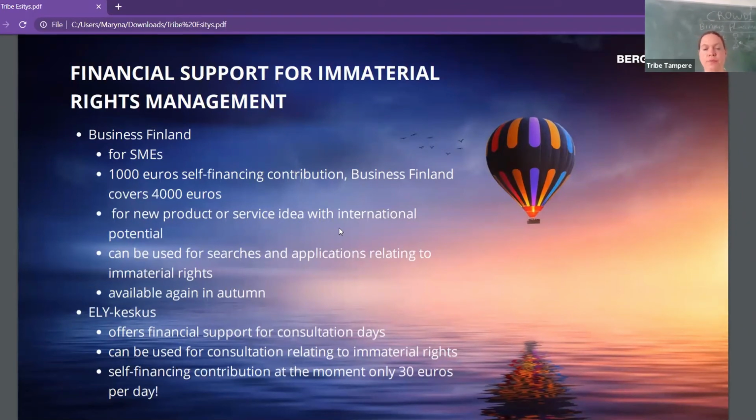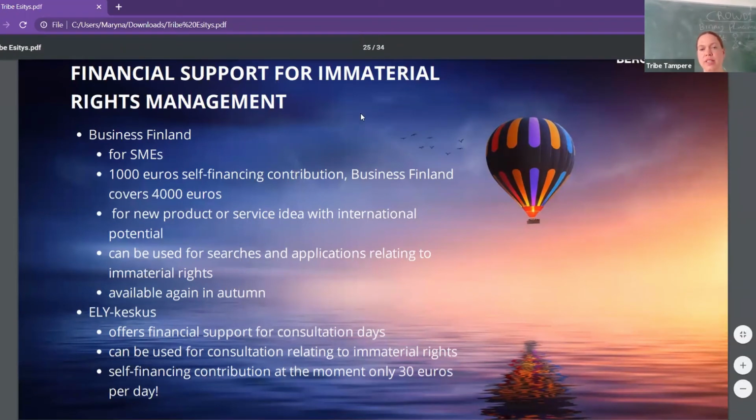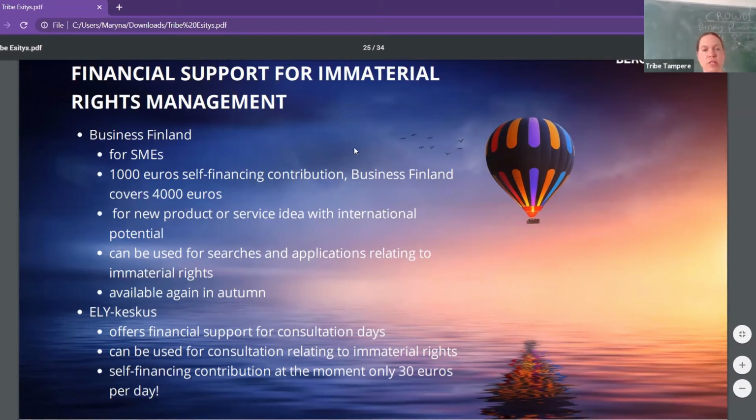So then I have a slide about financial support that is available for immaterial rights management, for example, for patenting or for trademarks or something related.